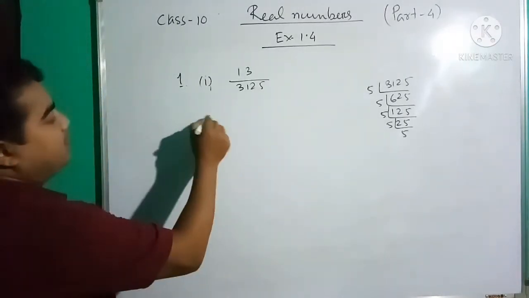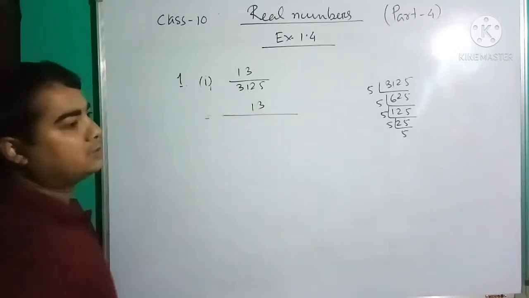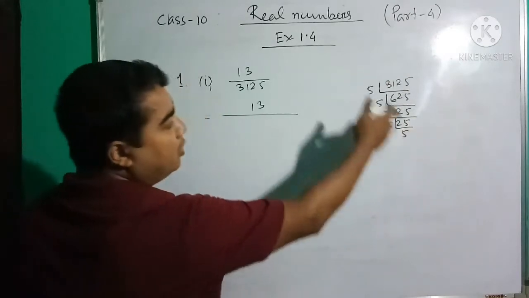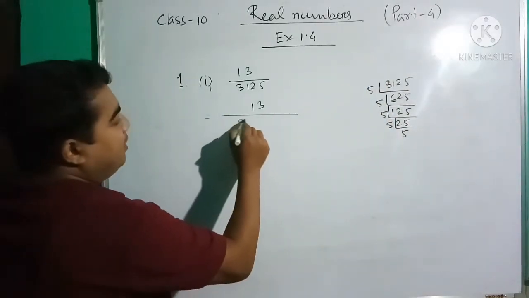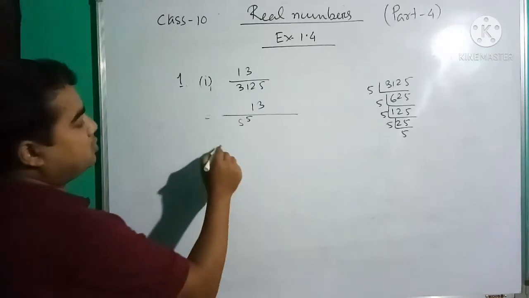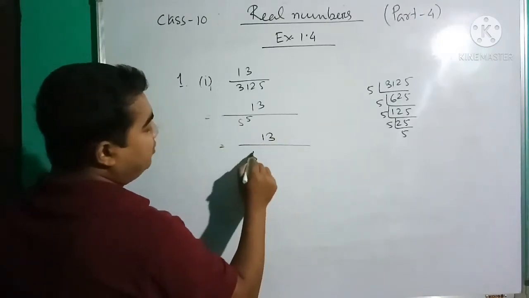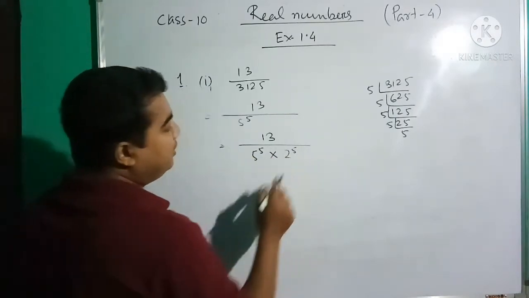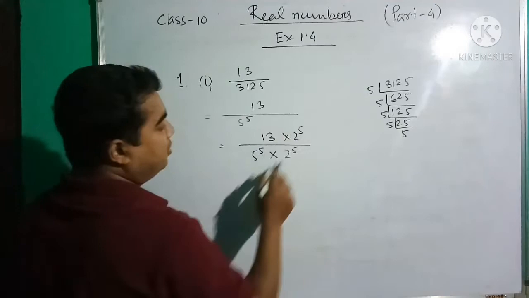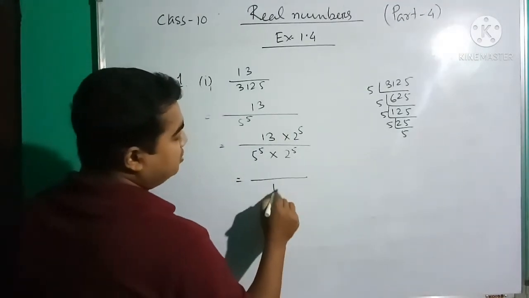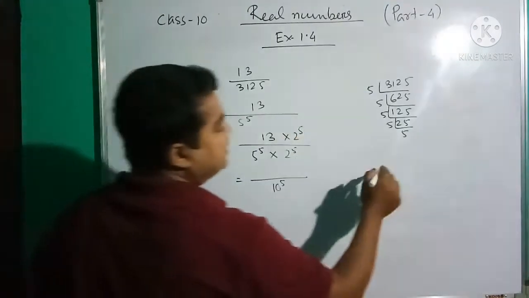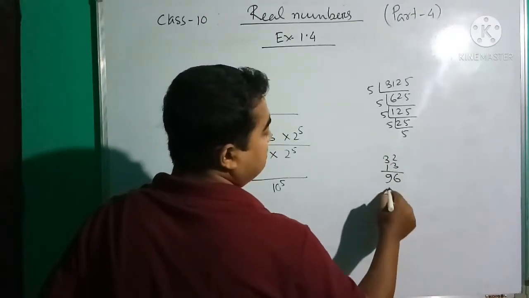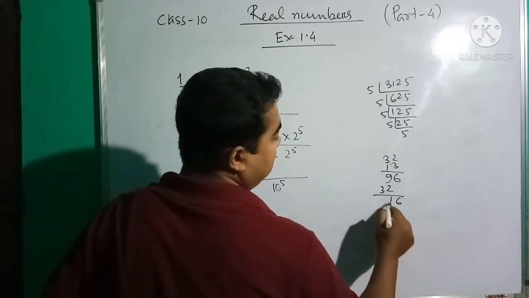Okay, see, let me explain. 13 and here 3125 is already factorized: 5 how many times? 5 times. So 13 over 5 to the power 5, and 5 times, so multiply 2 five times on both sides. Now 5 times 2 is 10, so 10 to the power 5, and 2 five times means 32, multiplied with 13, which is 416.